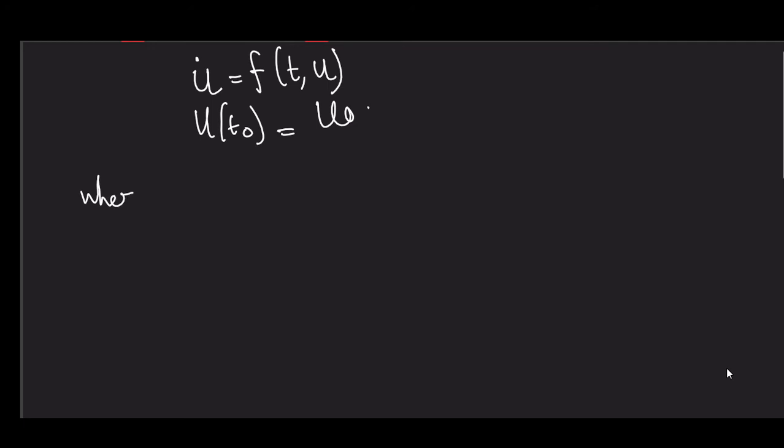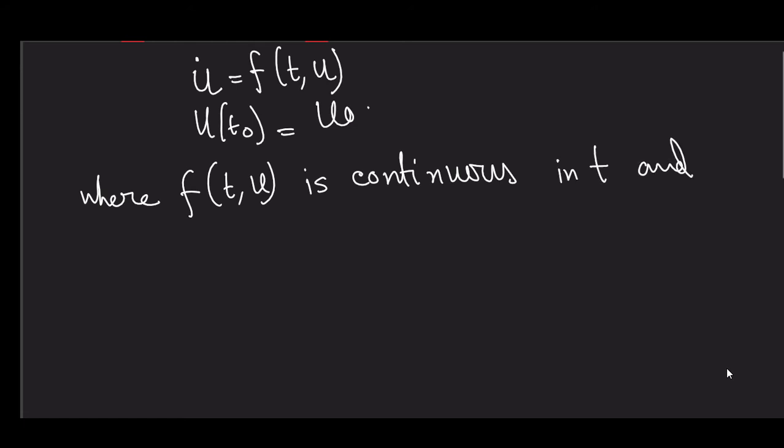Consider a scalar differential equation, that is u dot equals f of t comma u, u(t0) equals u0, where f of t comma u is continuous in t and locally Lipschitz in u.